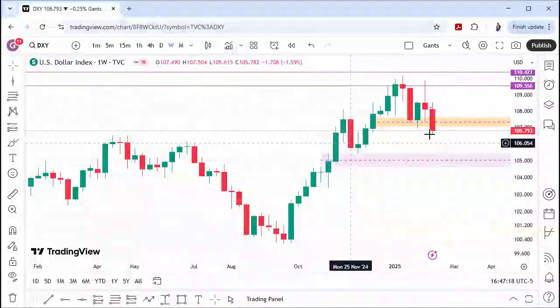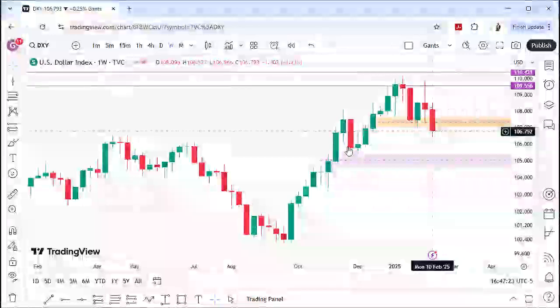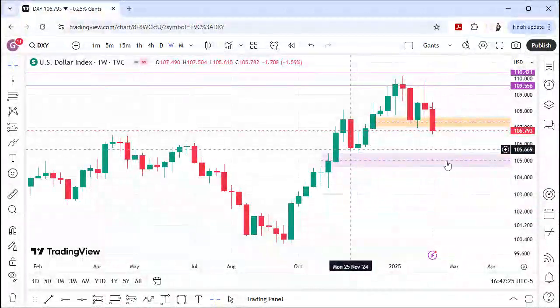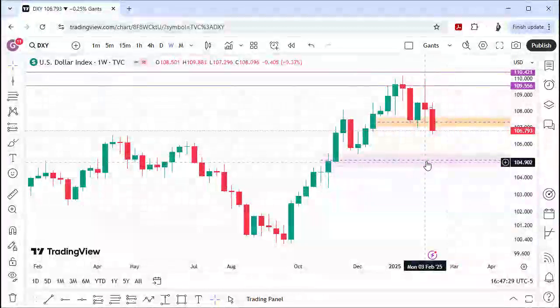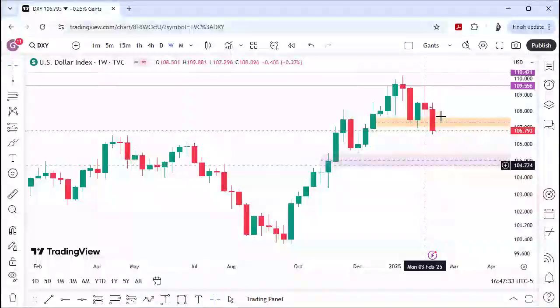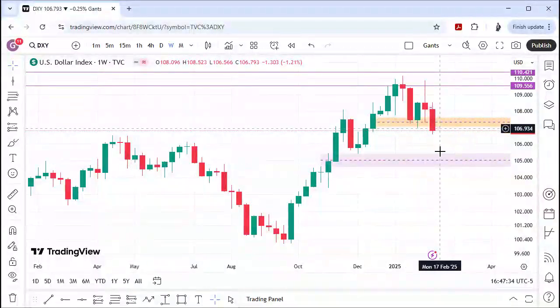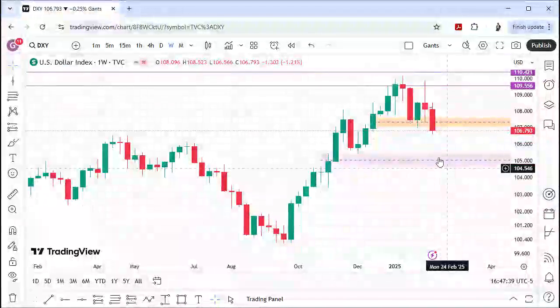I think we've traded to the mean threshold of the bullish order block. So the next point of call will be the rejection block here, and after that, we'll be trading into the monthly FVG. It could just trade into the monthly FVG this new trading week.